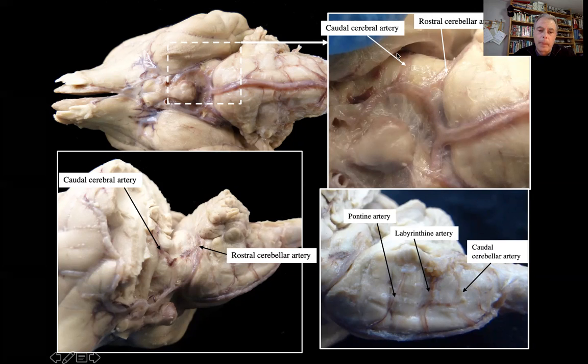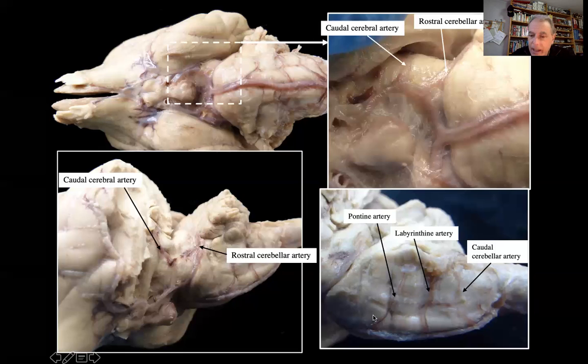Okay. So we start dissection, and we see the caudal cerebral artery as it goes, and it comes in close contact between the optic tract, the medial geniculate nucleus or body, and the lateral geniculate body here. And this one here is the rostral cerebellar. We see the basilar artery underneath.